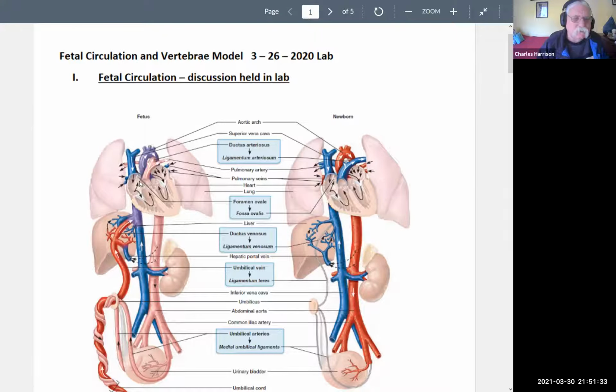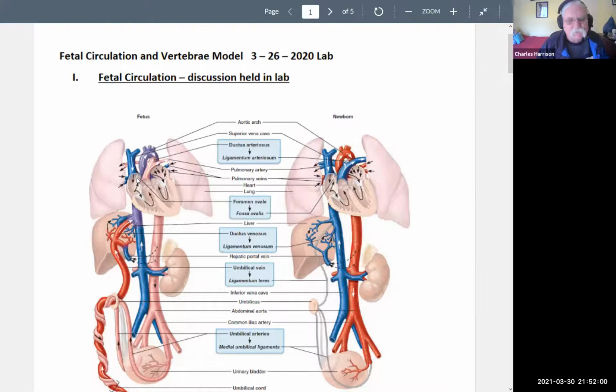The hole between the fetal atria does not show well in this drawing. It's called the foramen ovale. Trying to find here's where the sticker is. Foramen ovale.